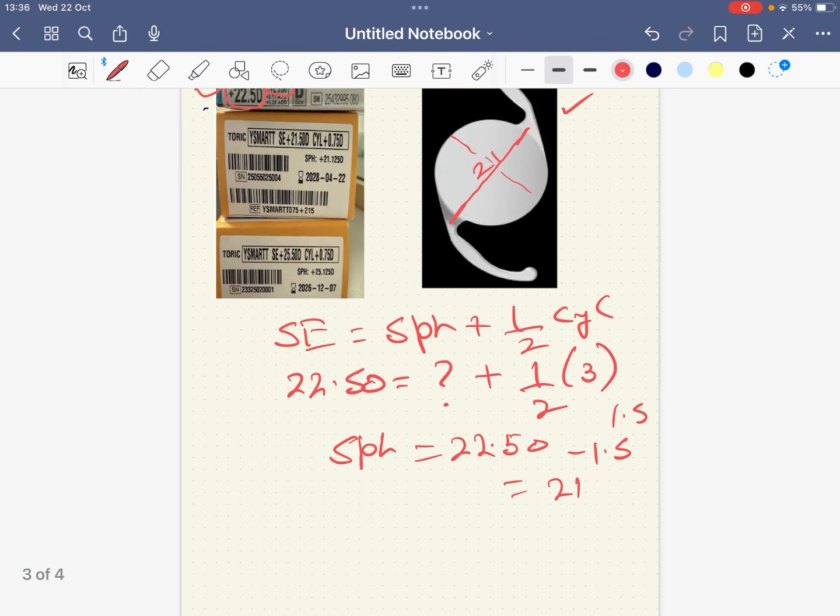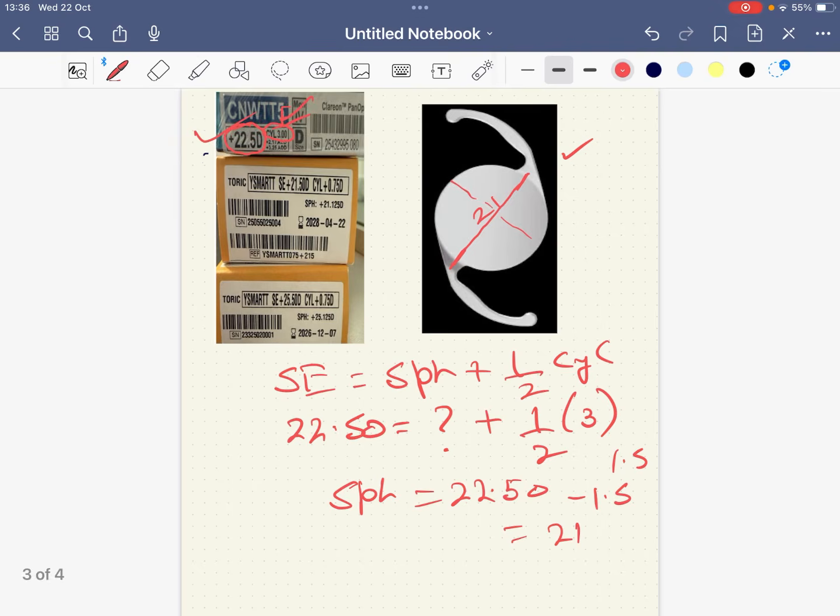Now, the steep meridian power you can find in 2 ways. Either you take the flat meridian power, 21 diopter, and add the 3 diopter cylinder over here. So 21 plus 3 diopters will be 24 diopters. Or you can also add 22.5, which is the spherical equivalency, plus half of the cylinder power.